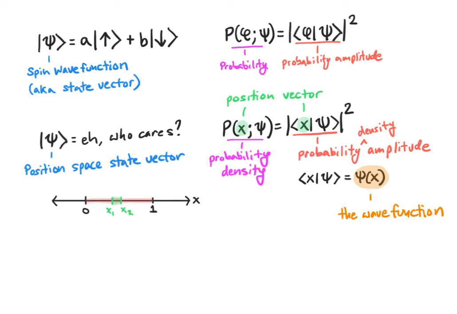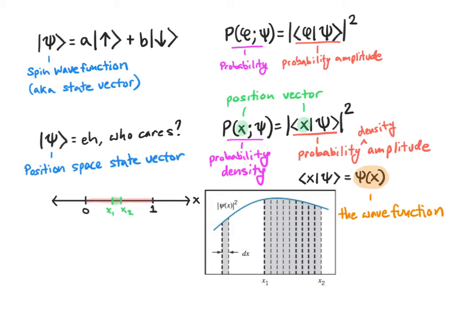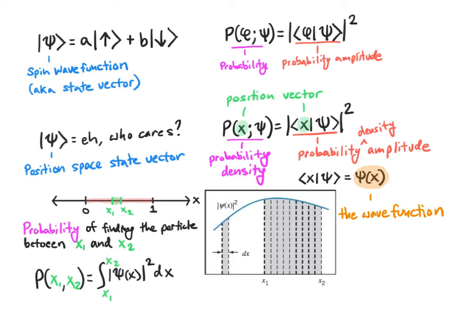And the probability density tells us the relative probability of finding a particle per unit length as a function of position. So to calculate the total probability, we integrate the probability density over the interval that we're looking for.